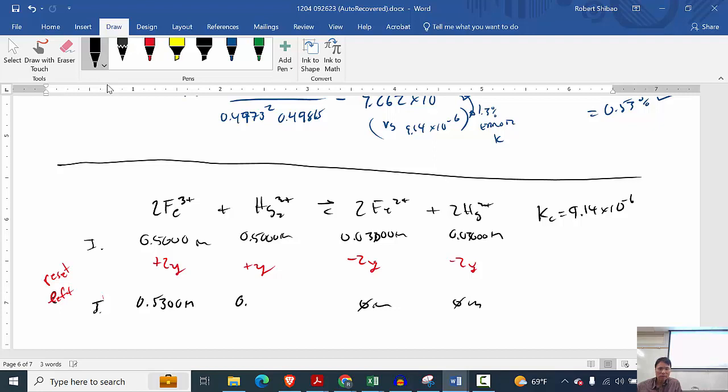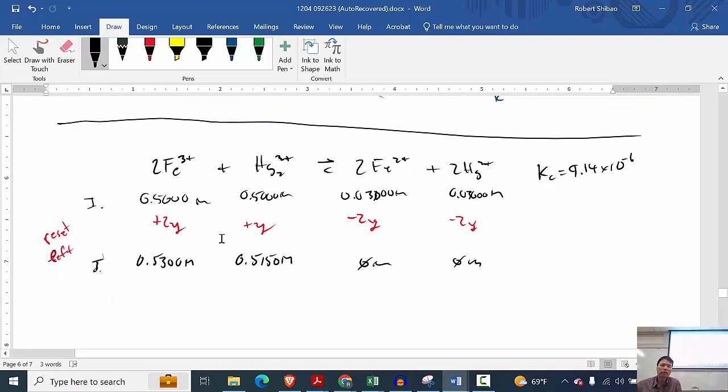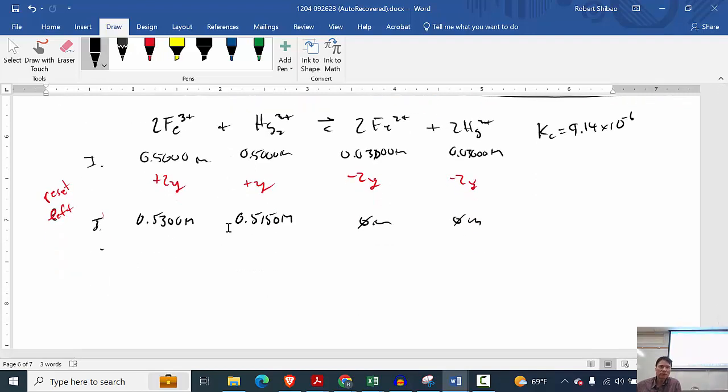So this is going to be 0.5150 molar here. Now, whenever I have zeros, the change is always going to be in the direction of the zeros. So the change has got to go to the right. And so this is going to be minus 2x, minus x, plus 2x, plus 2x.